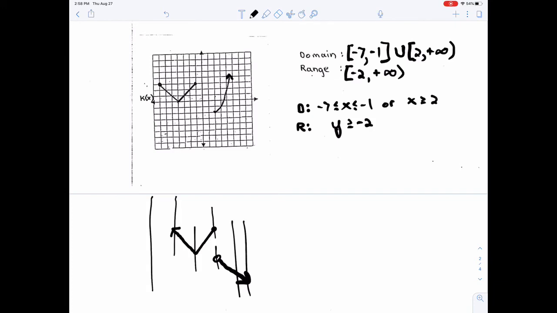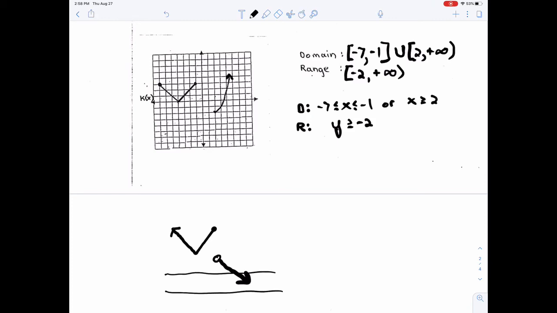Now, notice on the range though, let me see if I can get rid of these lines without erasing the whole graph. Okay, notice on the range, I'm touching it down there. So if we were looking at this one, the domain would have been negative infinity to positive infinity. I'm touching it. Okay, here though, I'm not touching the graph.